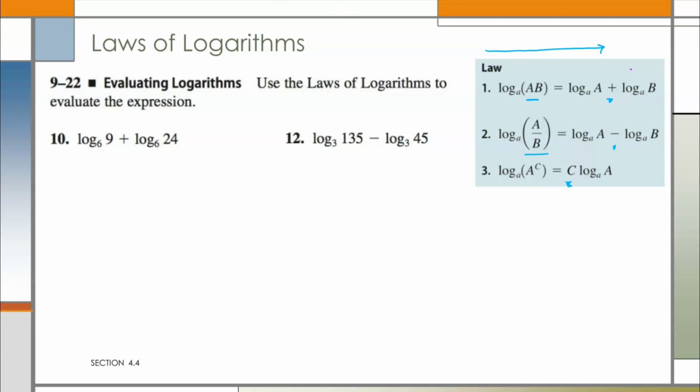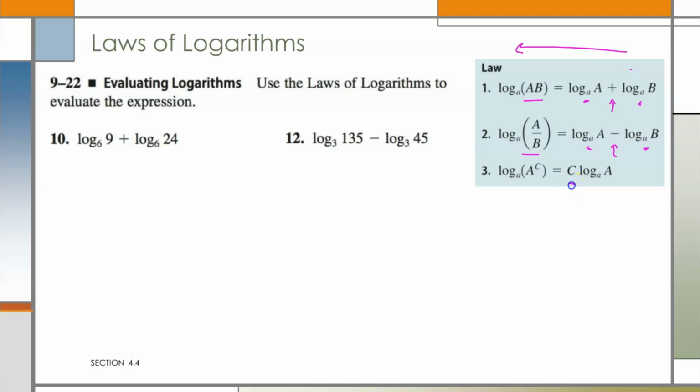We can also use the laws of logarithms not only from left to right, but also from right to left. As long as these are the same base, if this is addition, I can bring A and B together with multiplication. As long as these are the same base and I have a subtraction, we can bring A and B together with division.